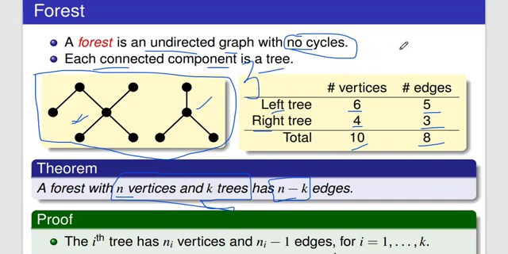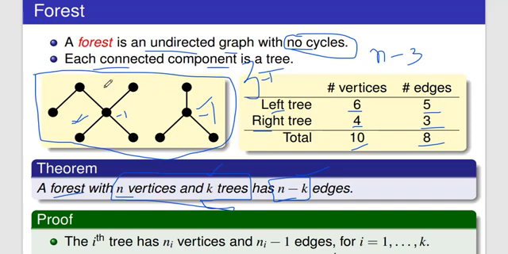If we calculate the number of vertices and edges, we have n vertices, and for edges we have to subtract 1 for each tree. If there are 3 trees, we subtract 3, since each tree has one less edge than vertices. So if there are k trees, there are n minus k edges in the forest. Okay, we have talked about forest.